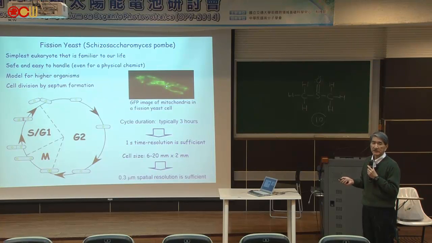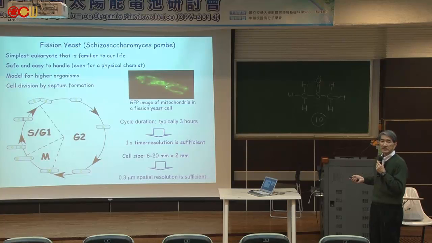Yusan and I selected it for a study, and here I show you some images with GFP. You know GFP, green fluorescent protein, which labels, in this case, mitochondria. If you shine a laser, you can see the image of mitochondria like this.